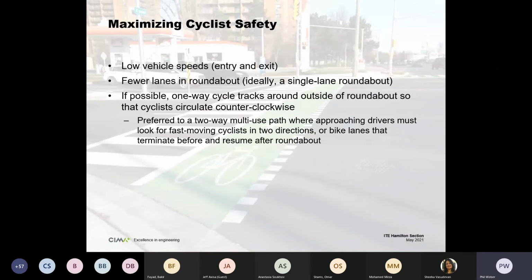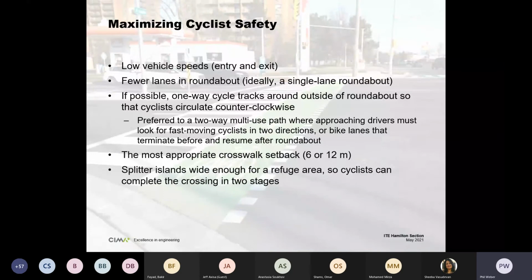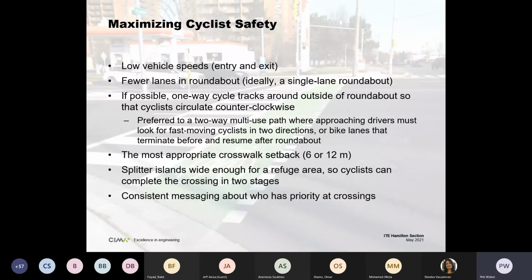But that is preferred to a two-way multi-use path where approaching drivers must look for fast-moving cyclists in two directions, or bike lanes that terminate before and resume after the roundabout. Most appropriate crosswalk setback, 6 to 12 meters. Splitter islands wide enough for a refuge area so cyclists can complete the crossing in 2 stages. And consistent messaging about who has priority at crossings.